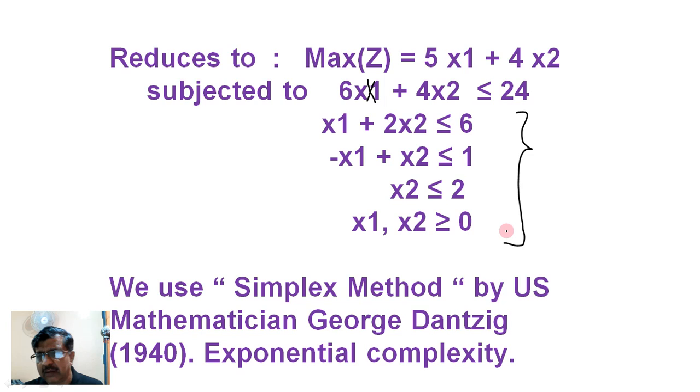Therefore, the real world problem, which is a linear optimization problem, came to us originally in the form of running sentences. We framed this into an equation, the main equation called the objective equation. Then we framed the constraints in the form of equations once again.